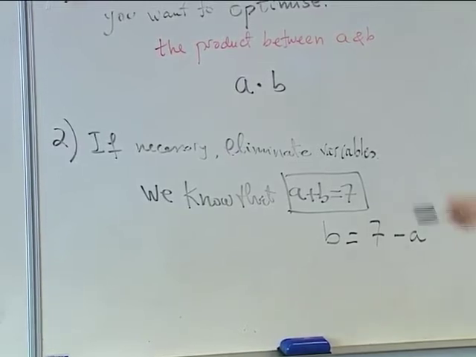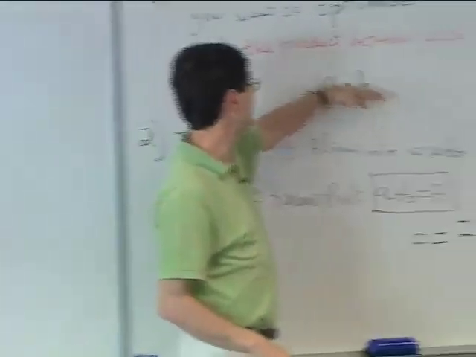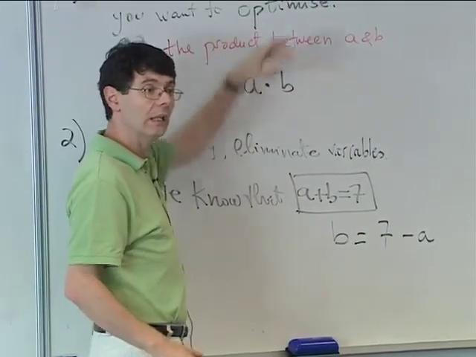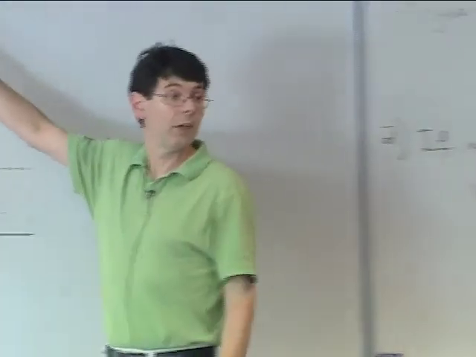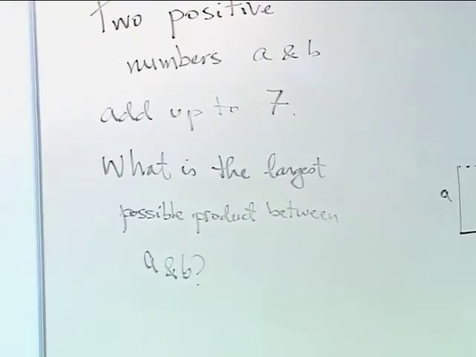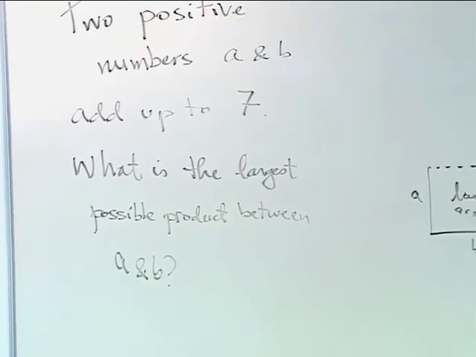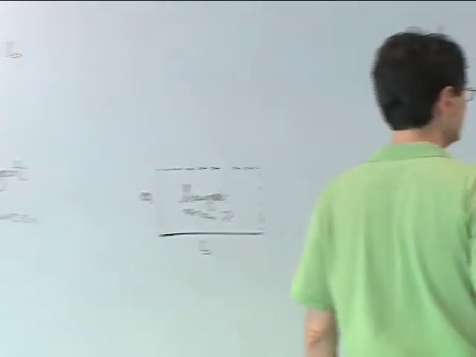Okay? But to be able to do that, you need to find a relationship between them that's not the stuff you want to maximize, not this one. There must be some other information in the problem that will allow you to do that. If the problem doesn't contain that information, the problem is not correctly written. Okay?